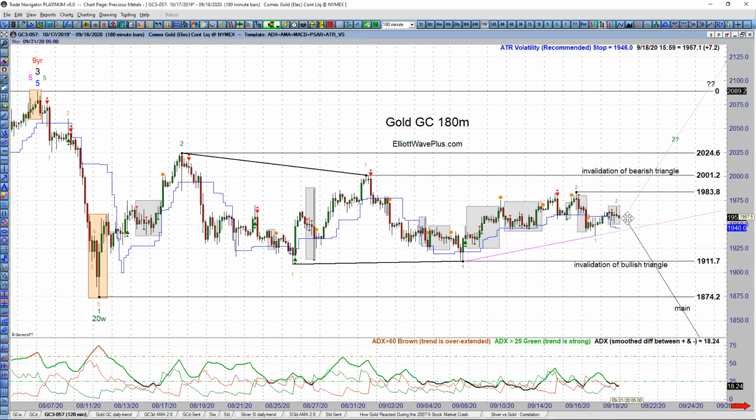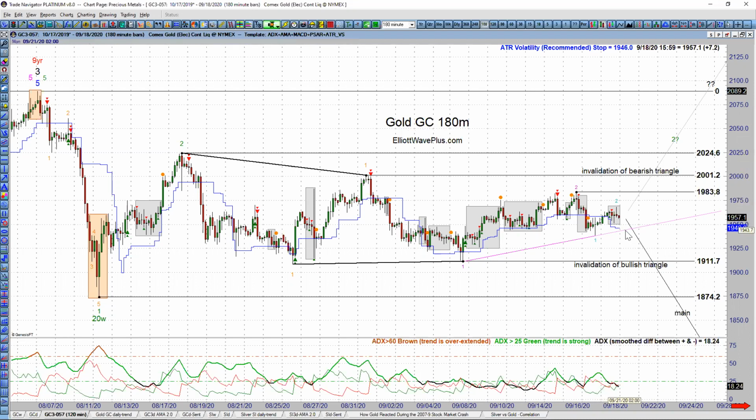Thrusts out of triangles are real quick and fast, they're aggressive, and you definitely don't want to be on the wrong side of one. So if you were aggressive about looking for a short here, then I think you would short any kind of daily close below the ATR volatility stop on a 180-minute chart.